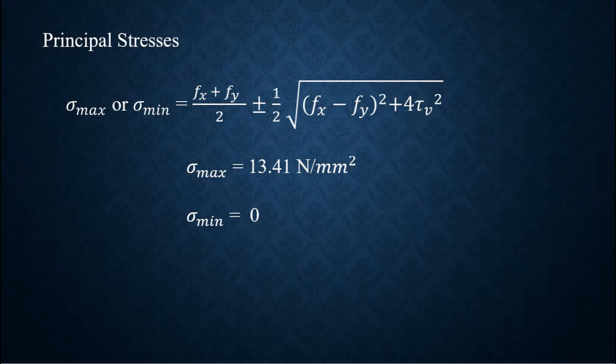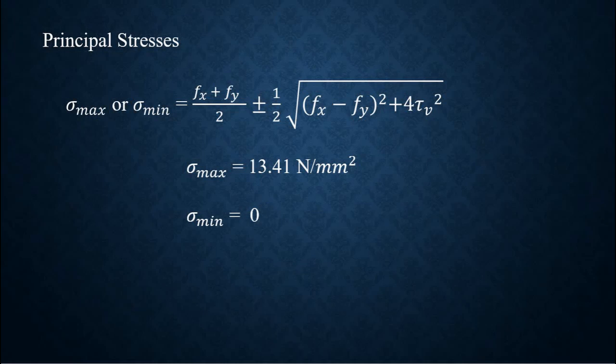First of all, how to calculate this sigma max is, the general formula is (Fx plus Fy) divided by 2 plus or minus 1 by 2 into whole root of (Fx minus Fy) whole square plus 4 2V square. This is a general formula. When we want sigma max, we should consider this as positive.